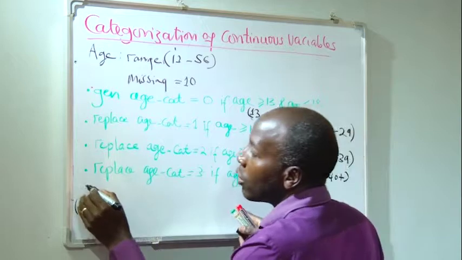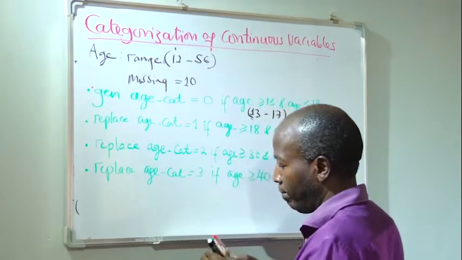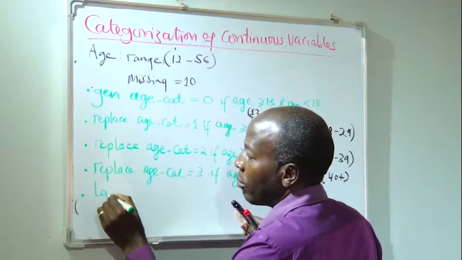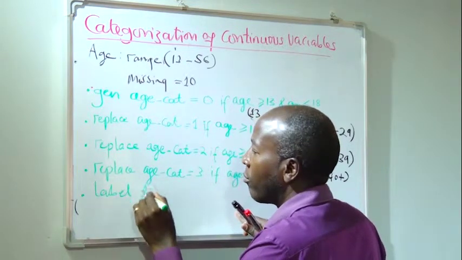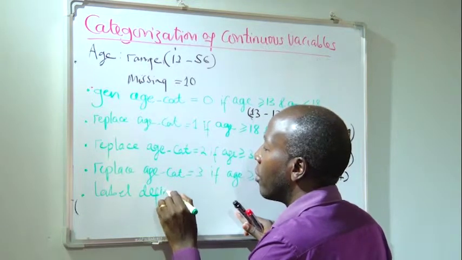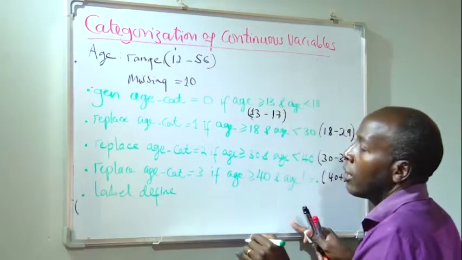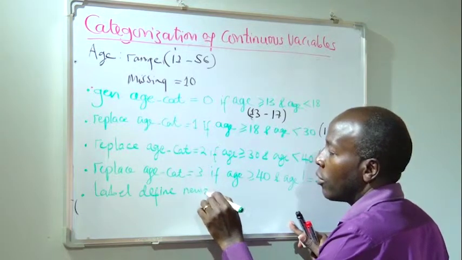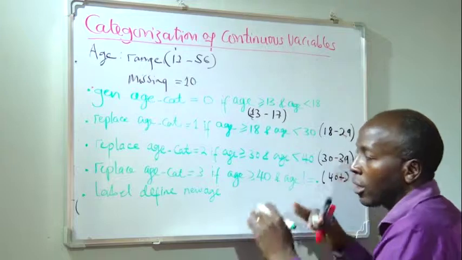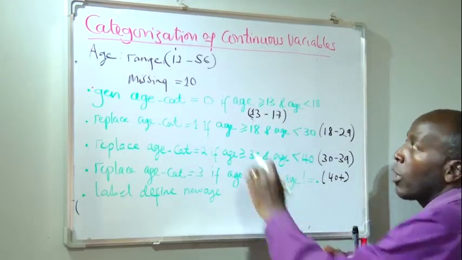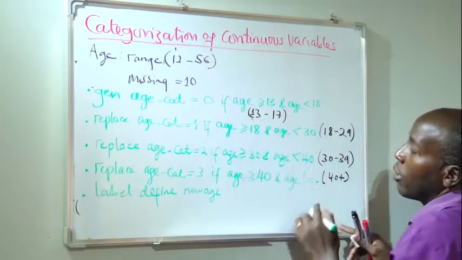So you now go and do a label define. So you define a variable, label define, and let me call this variable new age. New age. This is just a dummy variable, not a real one. It is a variable that is going to carry the labels we have here.